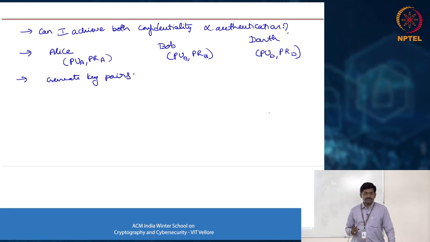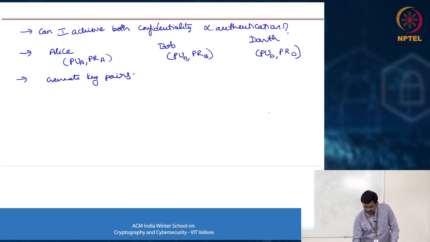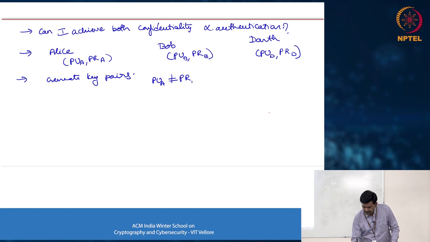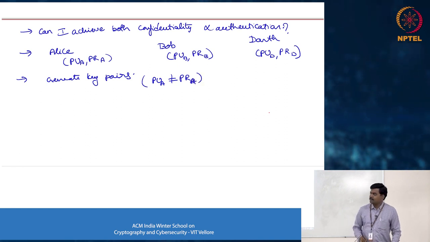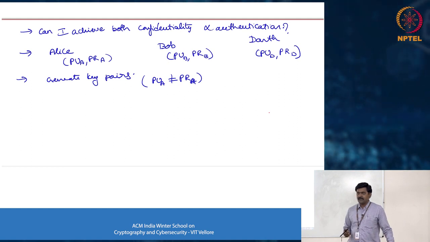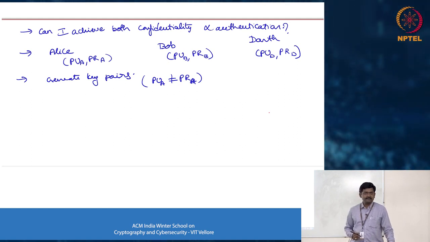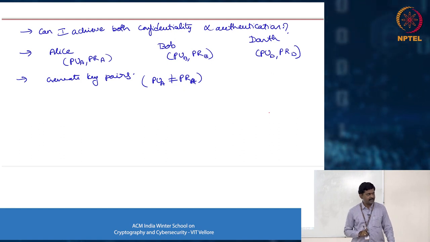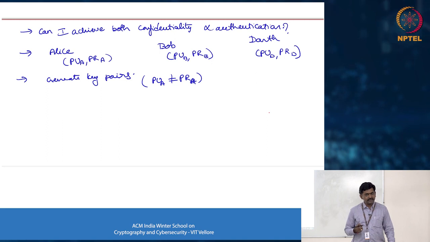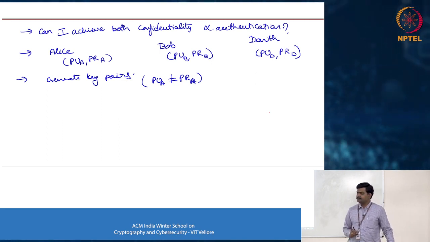And most important, PUA is not equal to PRA. These two keys in the pair should not be equal, because you are keeping one public. Encrypting with one key should allow you to perform decryption with the other key. That is another important parameter.